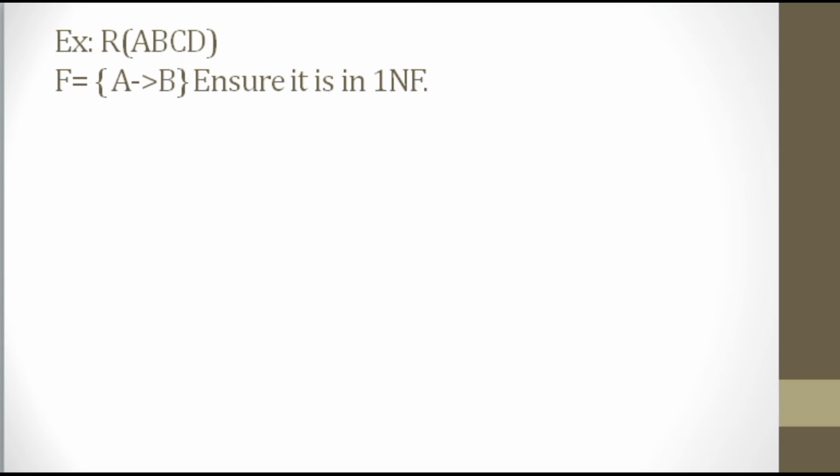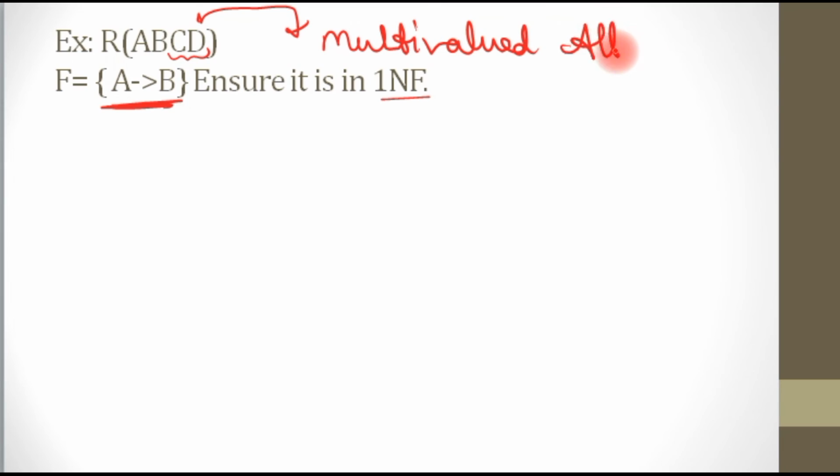Now check the next question, whether it is 1NF or not. For this, if you notice here, the C and D attributes are not derived by any functional dependencies. So then C and D must be a multi-valued attribute set. When we have a multi-valued attribute set, then it is not determined by any functional dependency, and then it must be part of the candidate key.